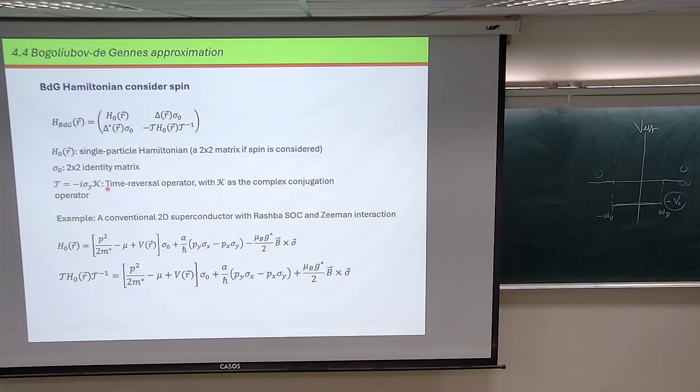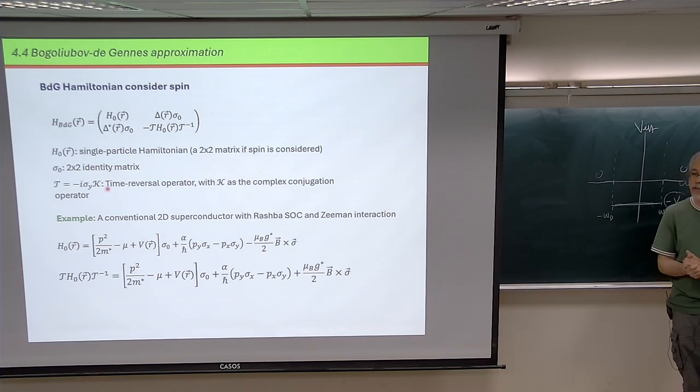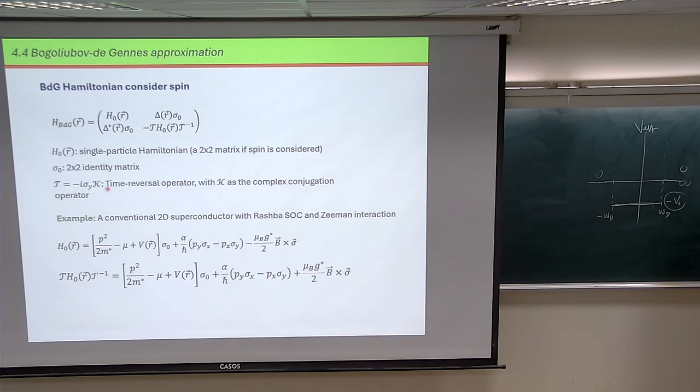So if you want to build this BdG Hamiltonian for a 2-dimensional superconducting material in which you have, let's say, Rashba spin-orbit coupling and Zeeman splitting, what you will do first is write the electronic single-particle Hamiltonian, which we know from the previous classes has this form.